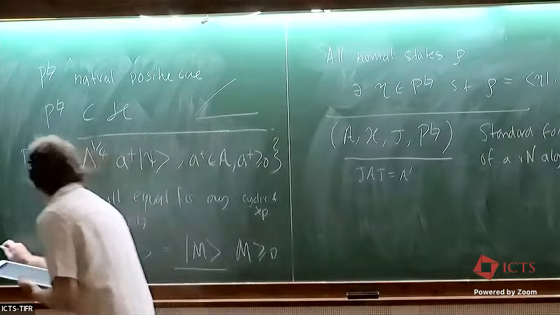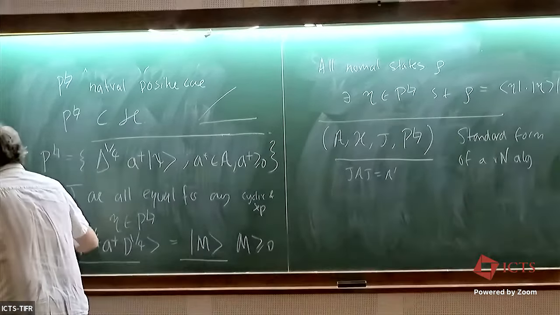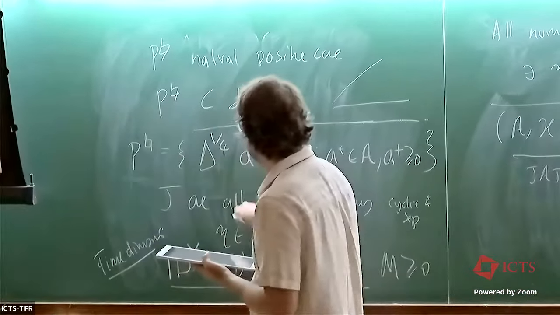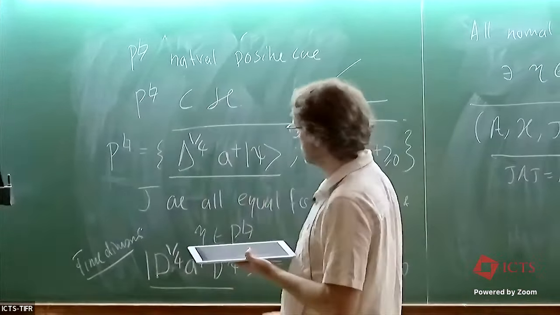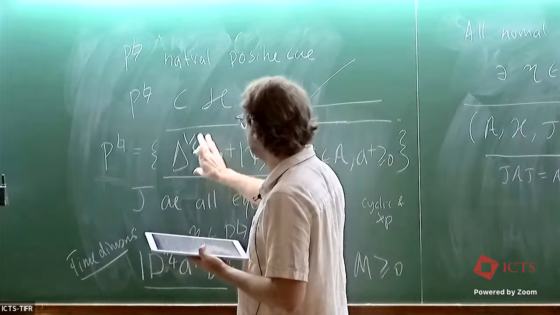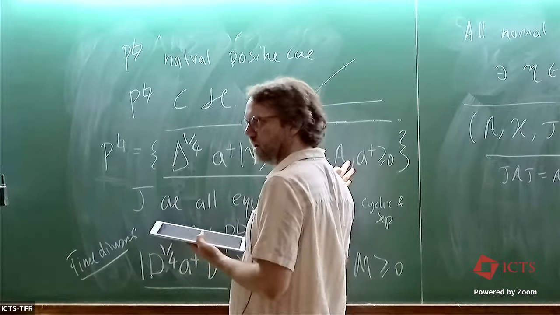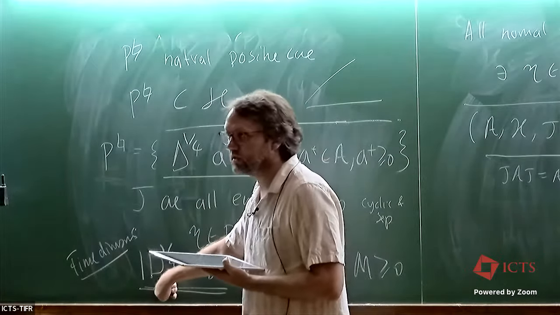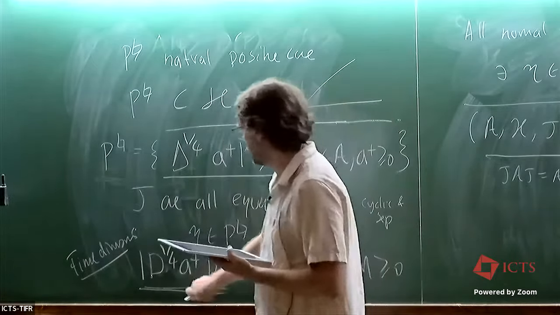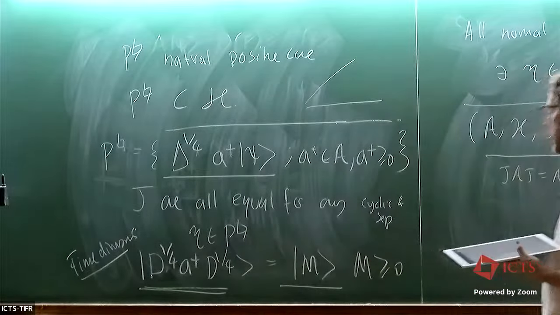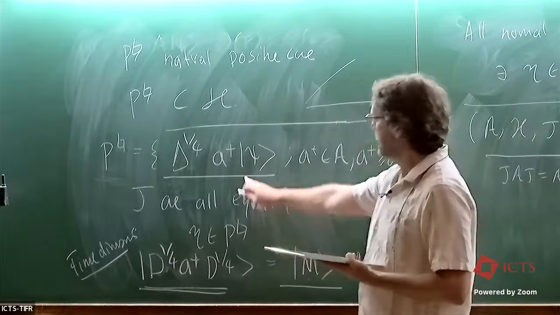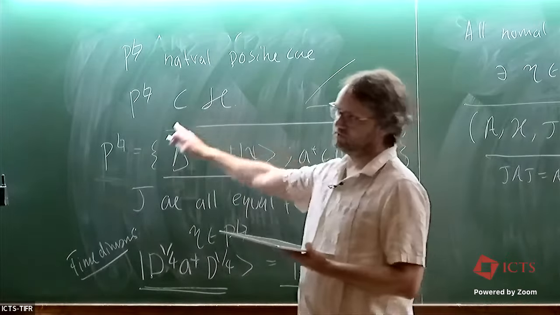Yeah, so this is in finite dimensions, right? I didn't want to do the calculation, but if you just do this in finite dimensions, you have d to the quarter, d to the minus quarter acting on the right, and there's a d to the half, so they combine to give you d to the quarters here. So this is the version of the canonical cone in finite dimensions. And it's just positive matrices. This is just a weird way of writing it. It's important in general to write it like this.